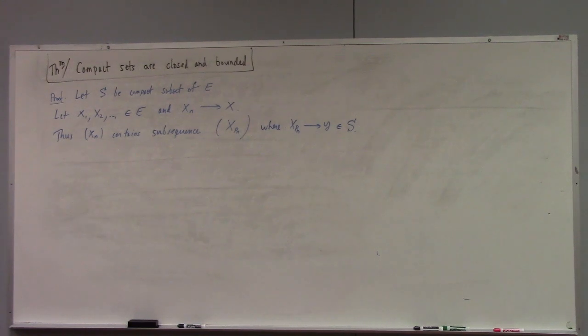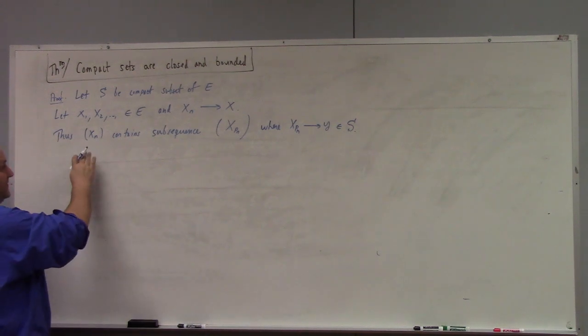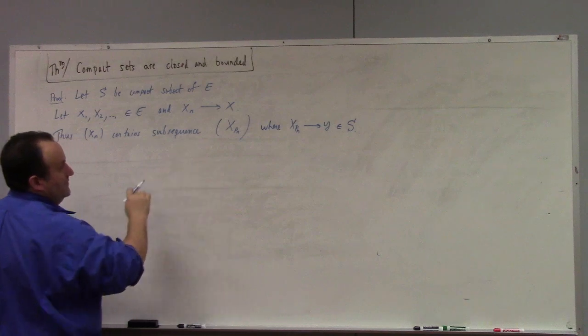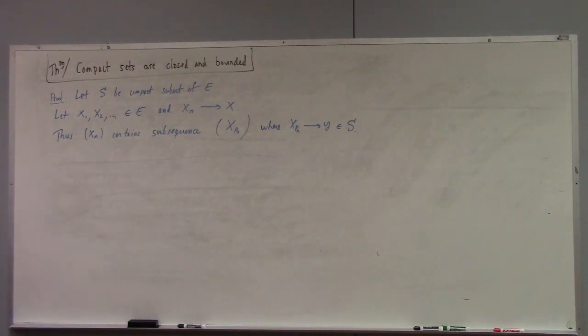So what are we trying to do at the moment? We're trying to prove that compact implies closed. We're taking an arbitrary convergent sequence inside this set, and we'd like to show that the limit of that sequence must be in the set. Towards that end, we use sequential compactness, which says there exists a subsequence which converges to a point inside the set.